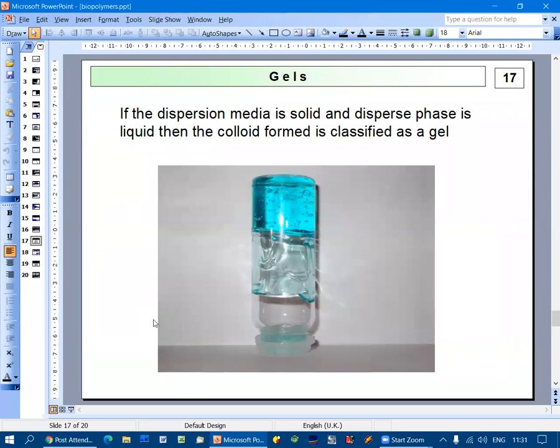One more very interesting type of structures that high molecular weight compounds can form is gels. It cannot be called a solution, but it's not a solid.